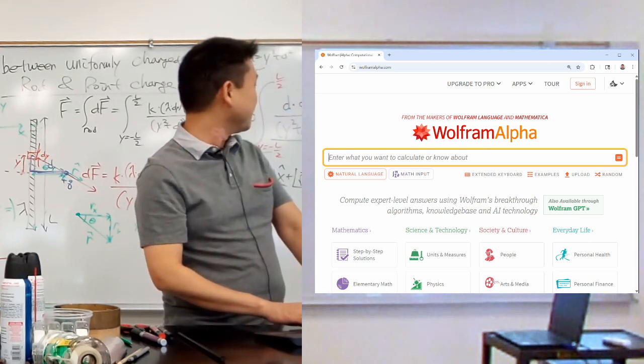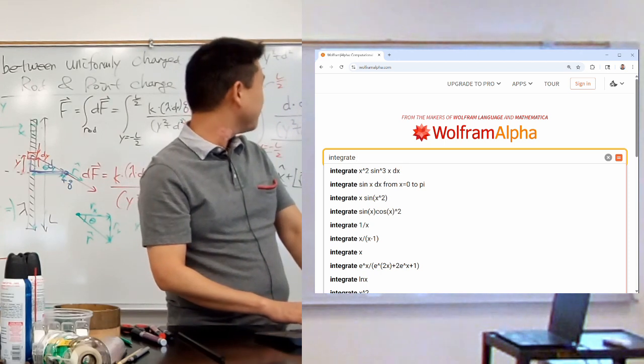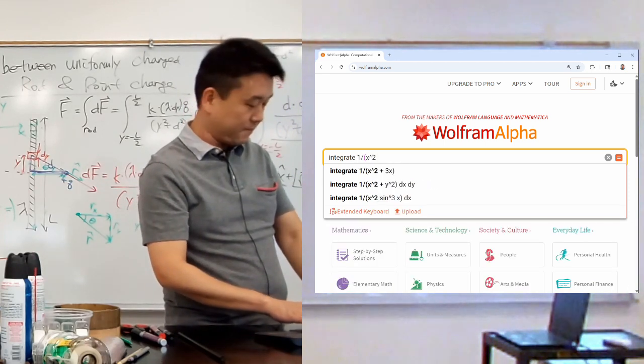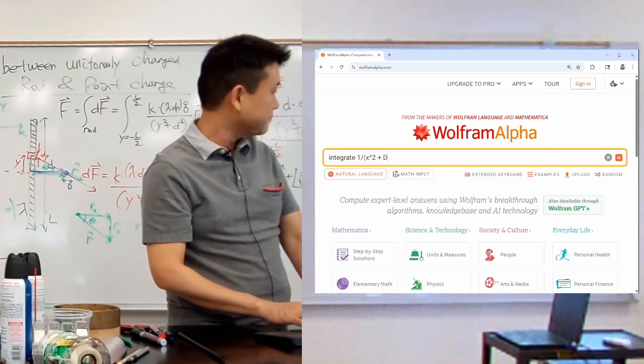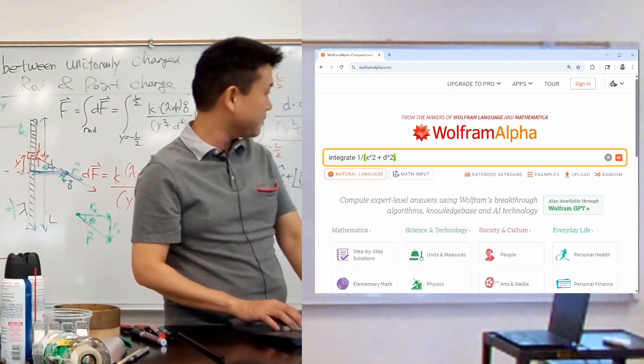It's easier. So I'm going to integrate. What I want is the integral of 1 over y squared plus d squared. Let me actually do the full thing with the length and d.